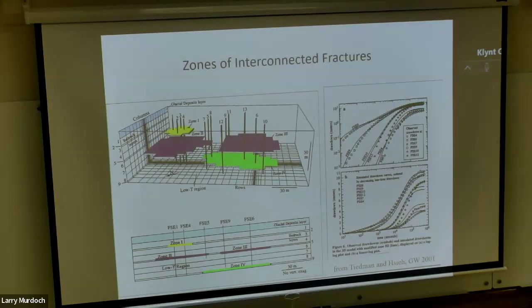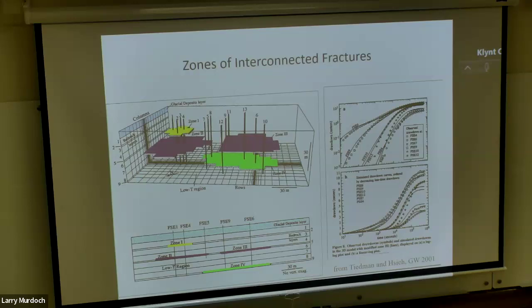Okay. So another thing that's kind of interesting about the fractured rock is that when the rock starts to break, you get a small fracture that's growing, and then it links up with another fracture and another fracture, and they form zones of interconnected fractures.